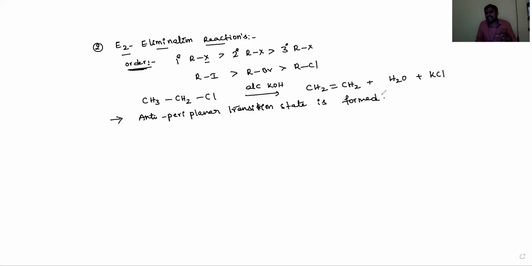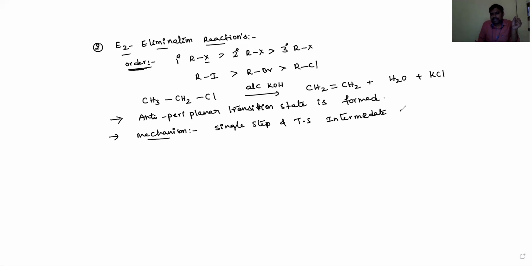It means a transition state mechanism will take place, and both leaving groups, hydrogen and halogen, should be in opposite positions. The mechanism takes place in a single step, and a transition state intermediate is formed.